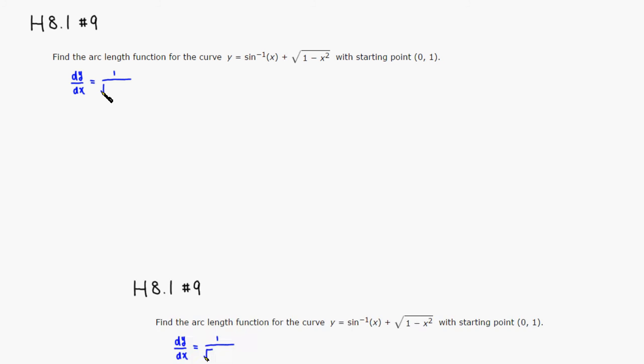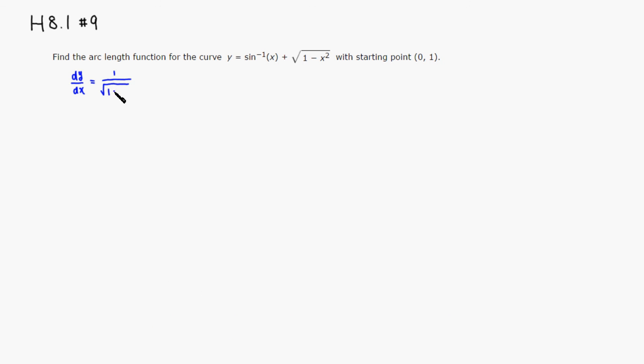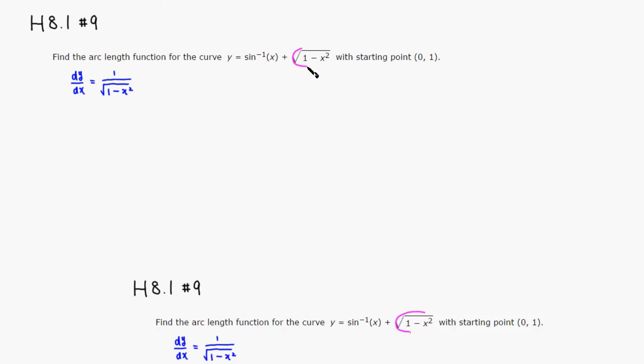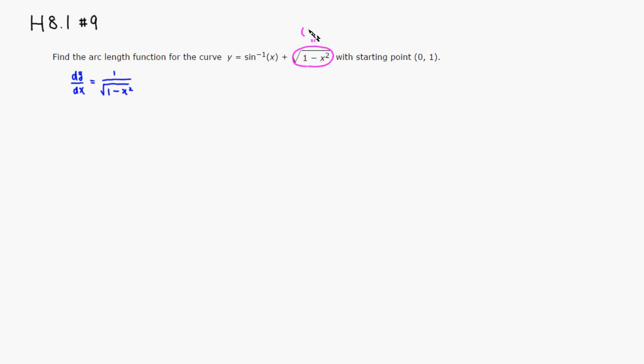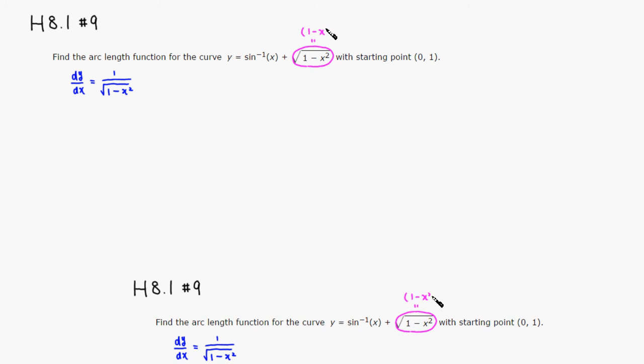square root of 1 minus x squared. Since I don't like square roots, I'm going to rewrite this second term as quantity 1 minus x squared to the 1/2 power.